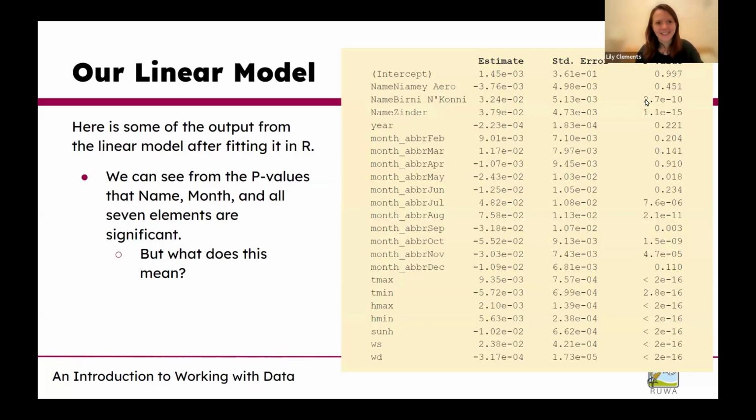Maybe dig into the data, see what you think, see if you agree with that, because it's always a lot of fun to piece together what you view through your exploratory analysis and what the model shows. We see that all of our elements are very significantly related to whether it was rainy that day or not.